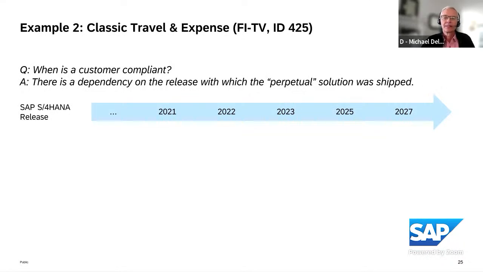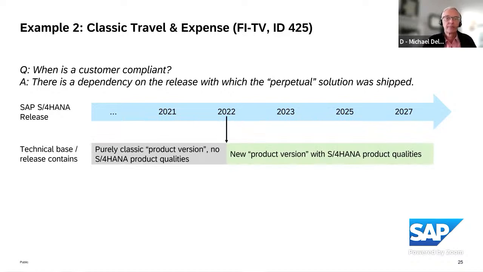And here comes the next and probably last thing to wrap your head around. The question is really, when is a customer compliant, and is there a dependency on the technical release? Because on the previous slide, I've been talking about commercial things. And the answer is, yes, there is. Because if you look at what's in the respective releases, technically speaking, up to release 2022 of S/4HANA, what you have in there is the compatibility pack, which is something for which there isn't and there cannot be a perpetual use right.